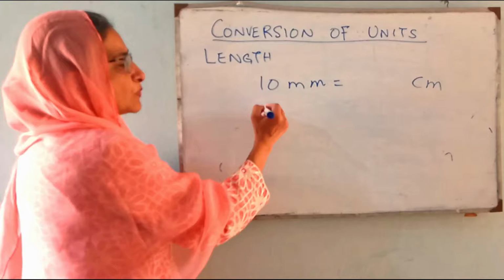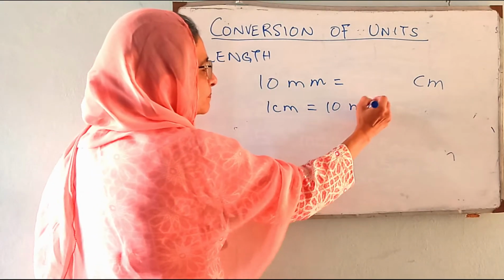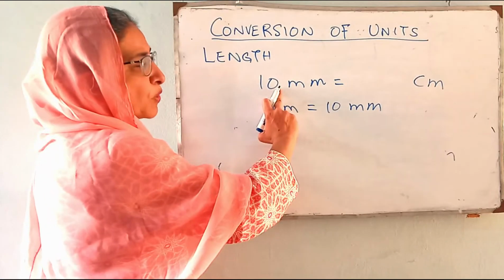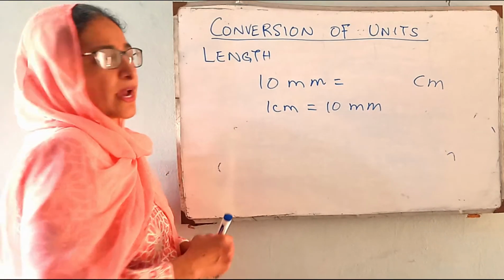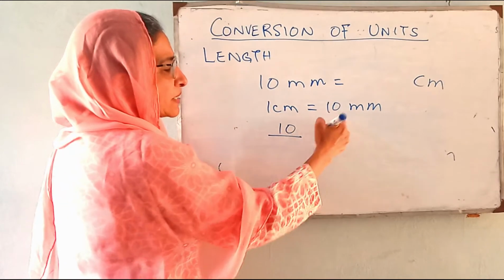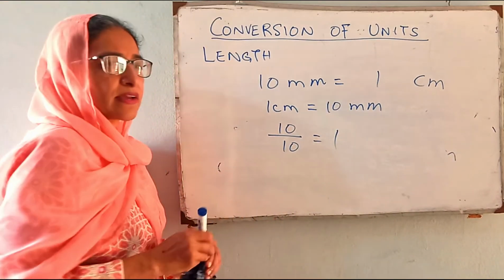As we know, 1 centimeter is equal to 10 millimeter. So when I have to convert a smaller unit into a bigger unit, I will divide. I will divide this 10 by this 10, so I will get 1 centimeter.